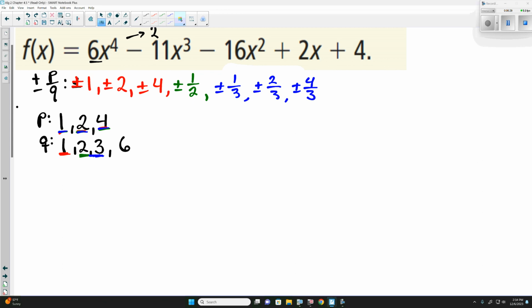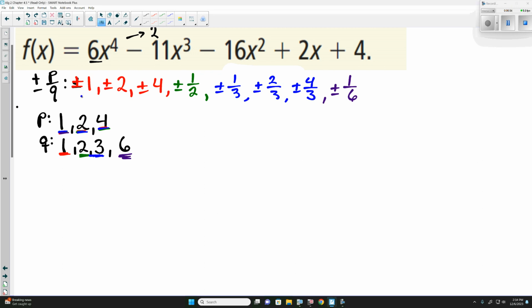Last one we have is 6. So we have the first one is plus or minus 1/6. 2 over 6 is 1/3. We already have it. 4/6 would be 2/3. We already have it. So these are all the factors we have.